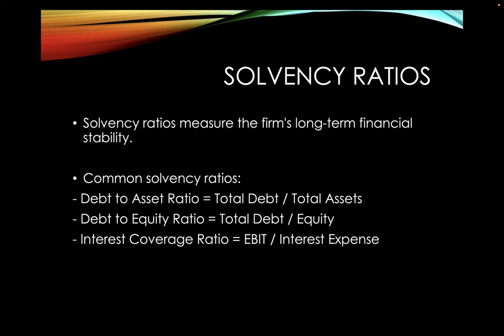In accounting, remember our accounting equation is assets equals liabilities plus equity. So your total assets is equal to total debt, or your total liabilities, plus total equity. Here, debt to asset ratio is equal to total debt, or total liabilities, over your total assets.